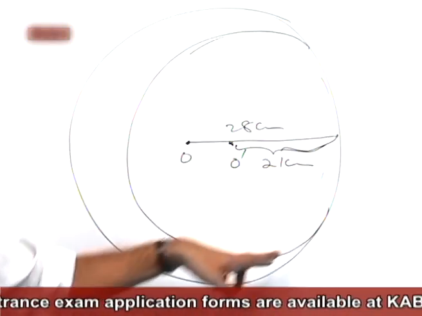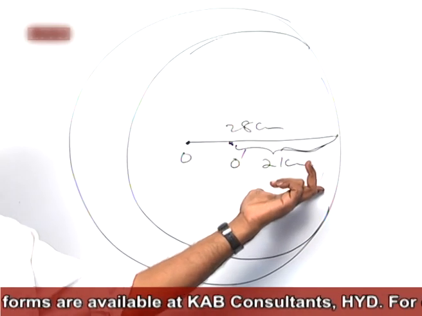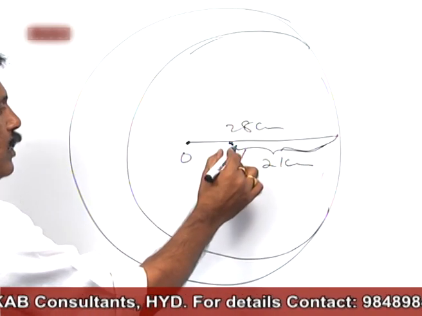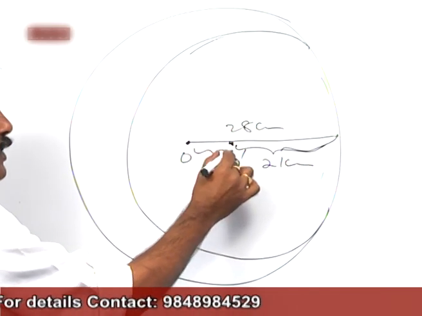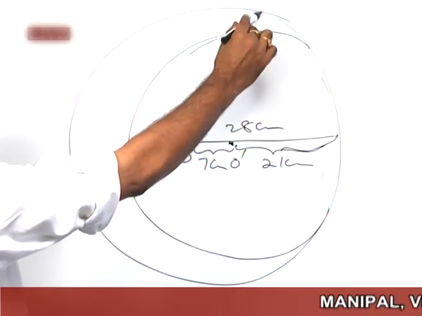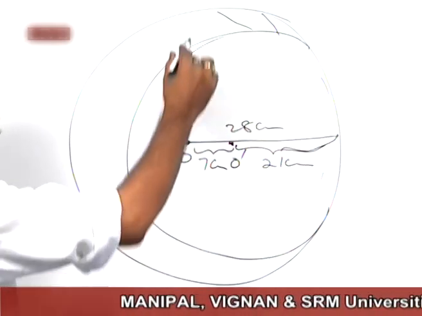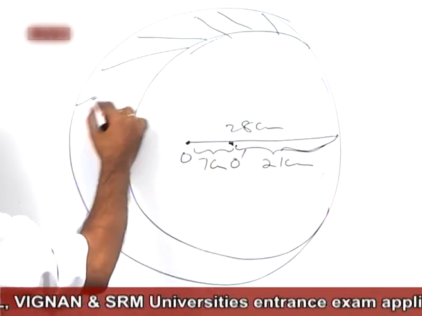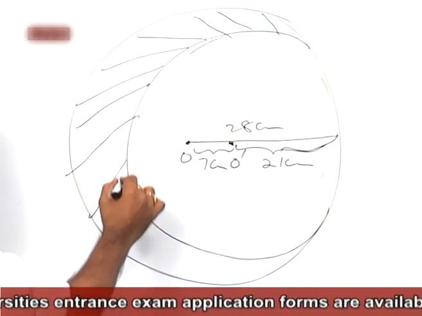So, the removed circular part has radius 21 centimeters, and its center is at O dash. The distance between these two centers is 7 centimeters. This is the removed part, and this is the remaining part.